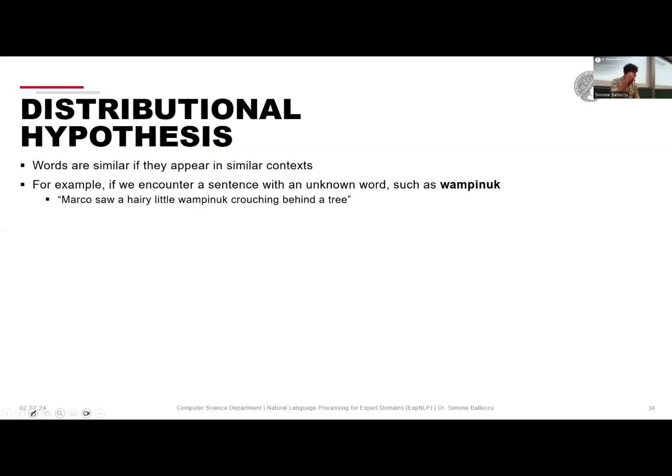Yeah, probably an animal. How do you know? Crouching behind. So from the context, you understand that, if I said Marco saw a very little monkey crouching behind the tree, it's similar, so I assume it's something similar to a monkey, right? So we infer the meaning of the word based on the context in which it occurs.